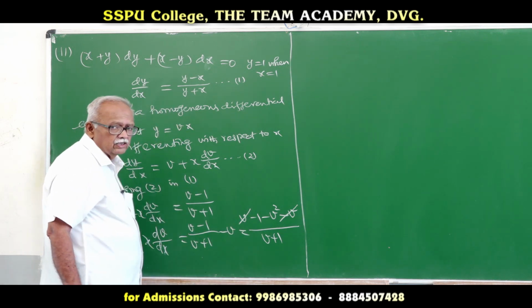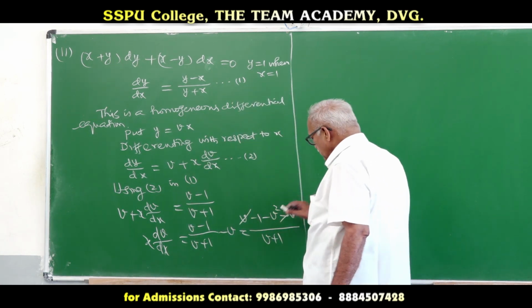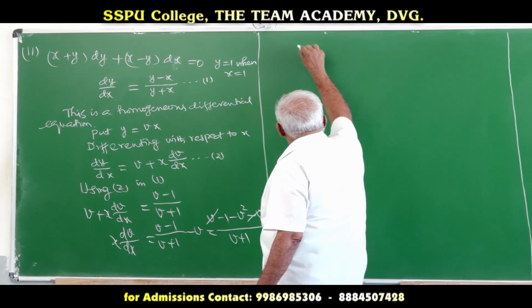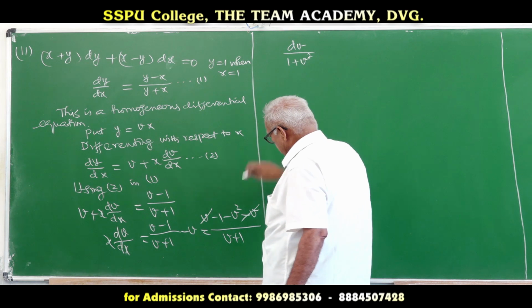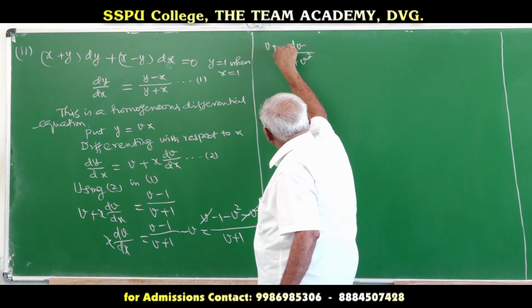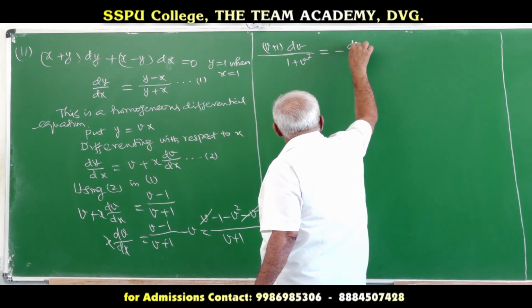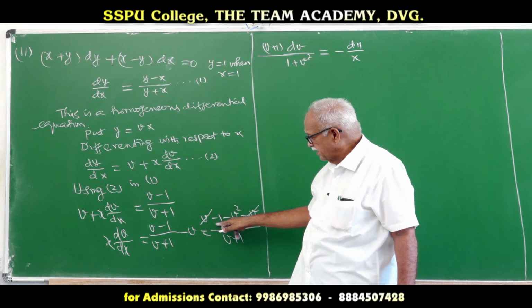Now, we can separate the variables. How to separate the variables? You see, you can take it as minus of (1 plus v square) dv, and the v plus 1 is also there. So, (v plus 1) multiplied by dv divided by (1 plus v square) is equal to minus dx by x. This minus sign I am keeping here itself.